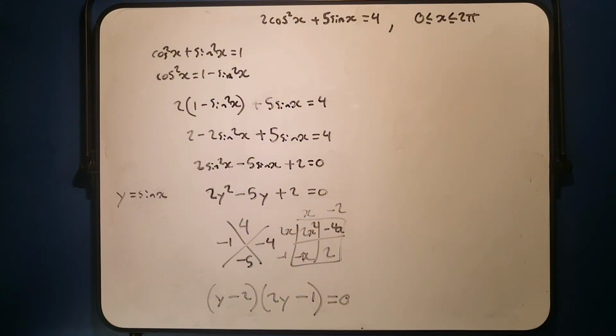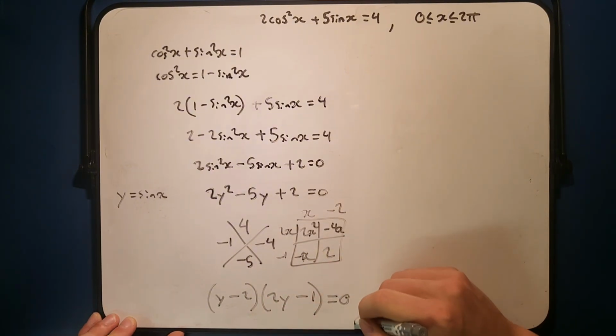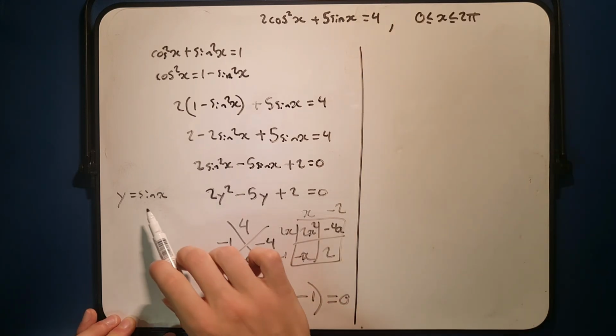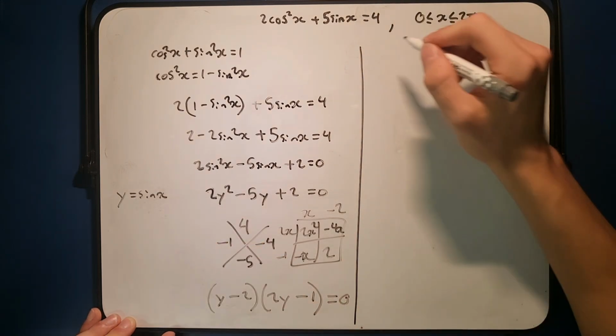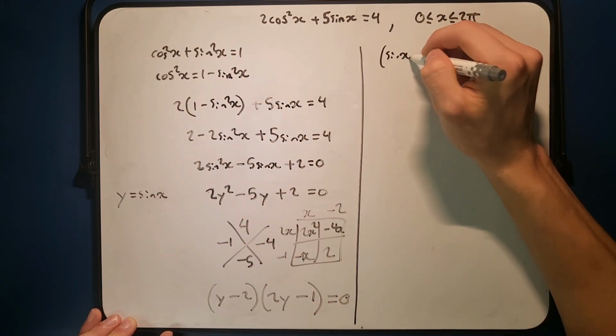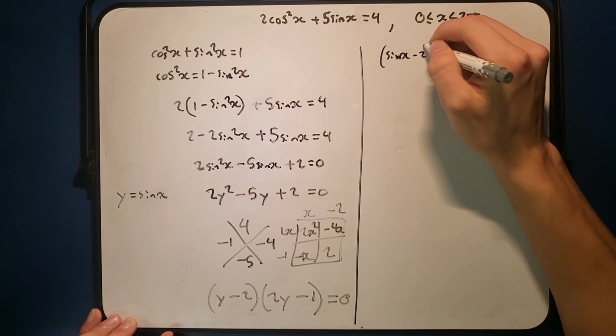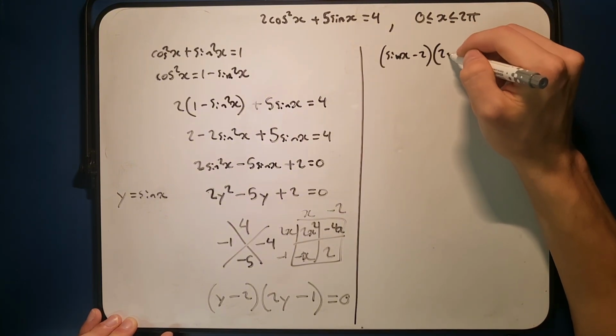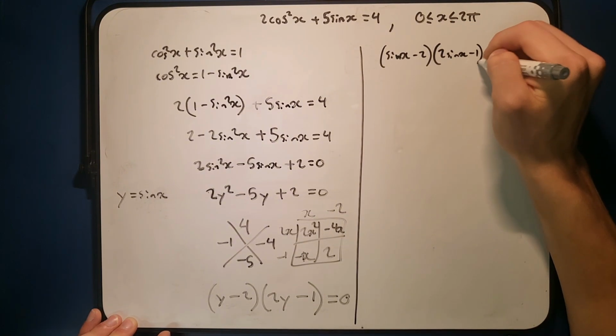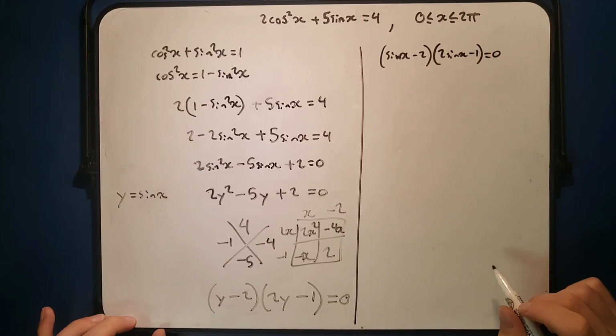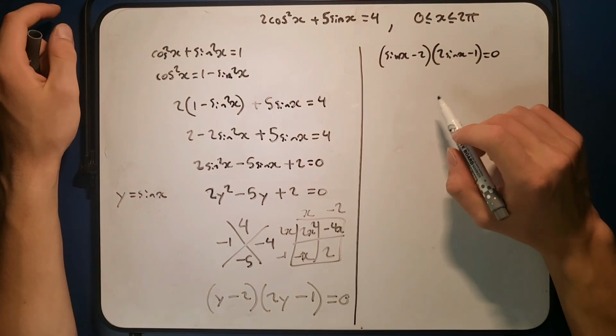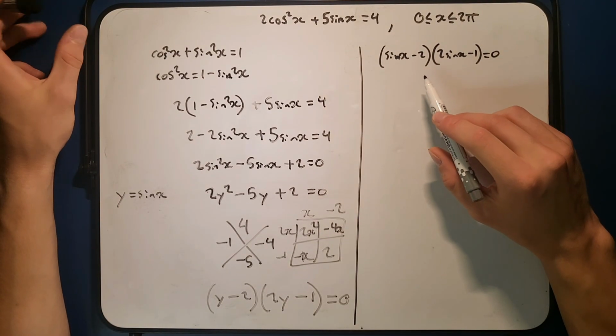You probably noticed, but my pen is running out of ink, so I have a new pen now. So anyway, once we have this quadratic, we can then sub in our sine x into this quadratic. So we're going to get sine x minus 2, and 2 sine x minus 1 is equal to 0. So once we have this, we can solve each bracket individually for 0.